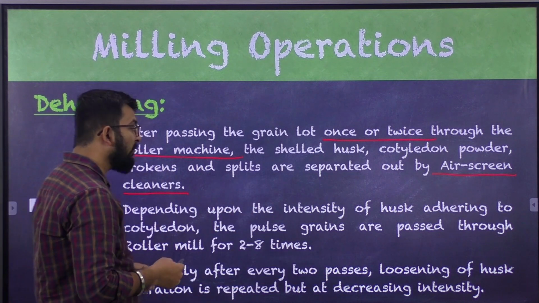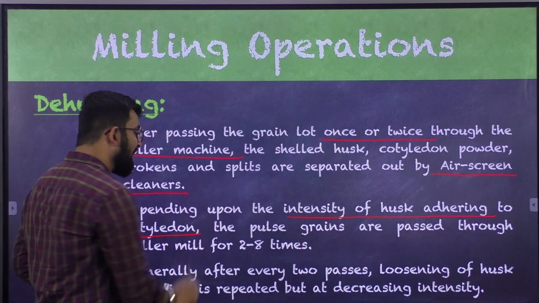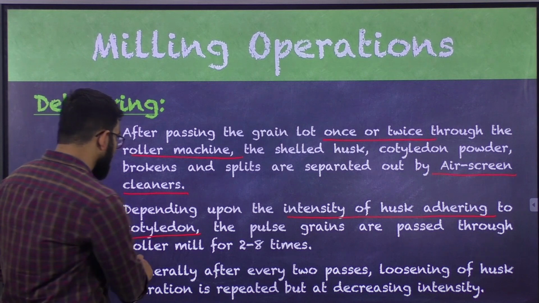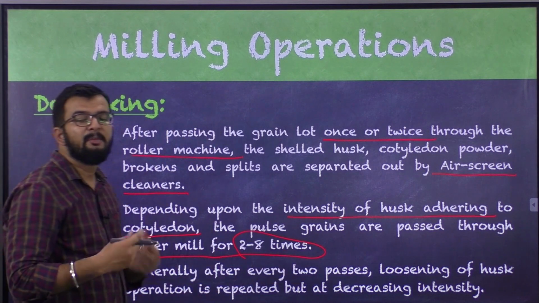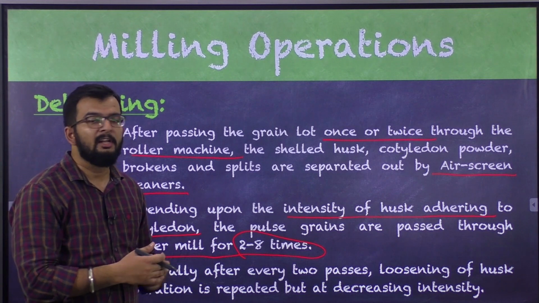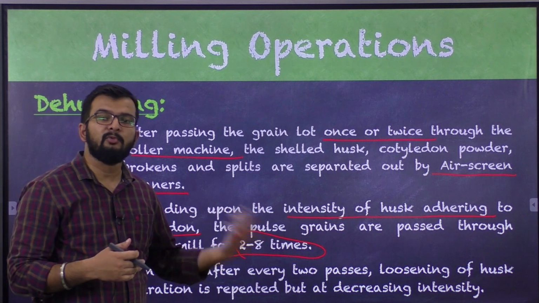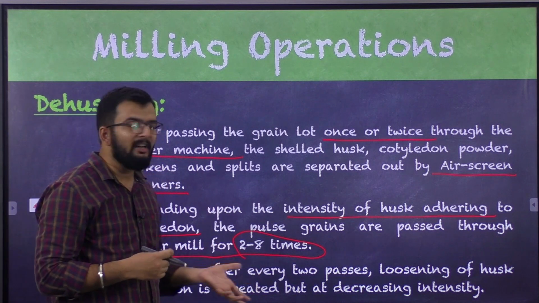Depending upon the intensity of husk adhering to the cotyledon, the pulse grain is passed through the roller mill 2 to 8 times, that is, depending on how easy it is to remove the hull from the cotyledon. So you will pass it again and again through the roller until all the husk has been removed.